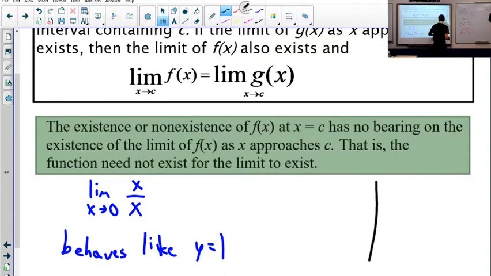So the graph of this function looks like this. It looks like y equals 1 everywhere except at 0, then there's a hole.